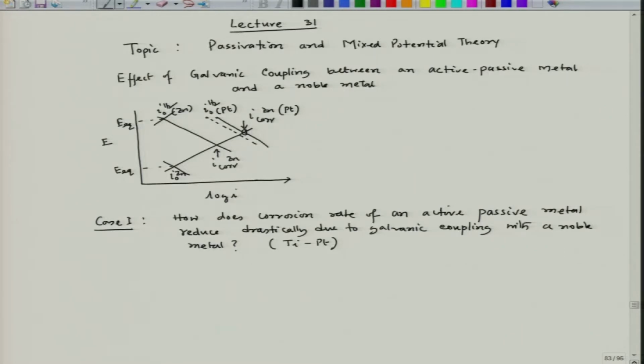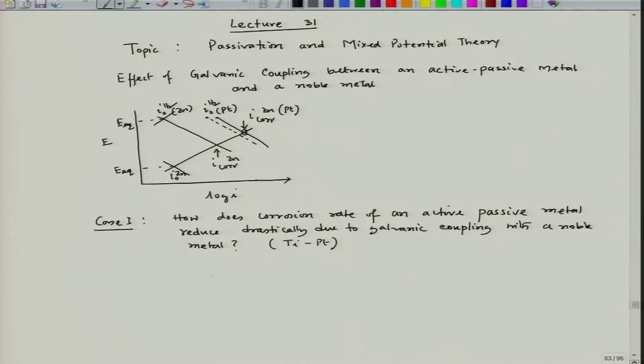Now, titanium is an active passive metal. That means its anodic portion first goes to an active region, reaches I critical, which is the maximum current density in its anodic polarization side, and then it reduces and reaches I passive, and then continues, and finally it has its own transpassive zone.